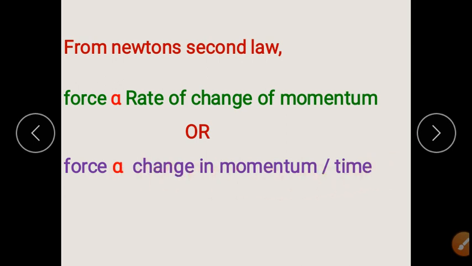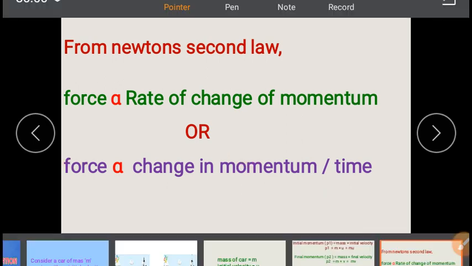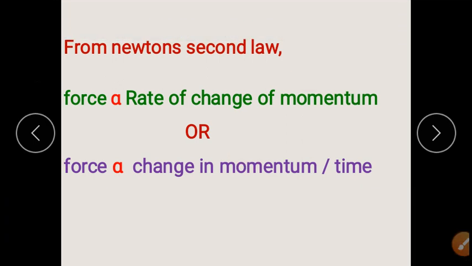Then what is the meaning of directly proportional and inversely proportional? Directly proportional means when change in momentum increases, force also increases, or when change in momentum decreases, force also decreases.